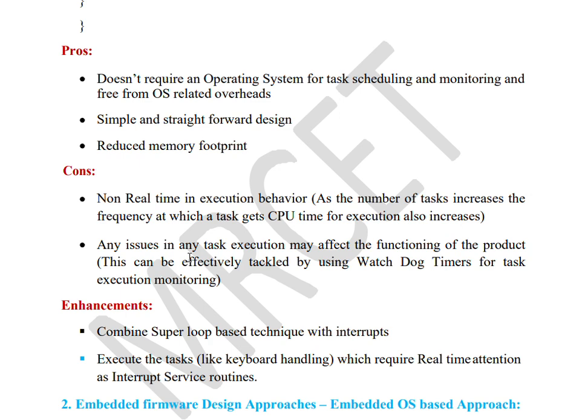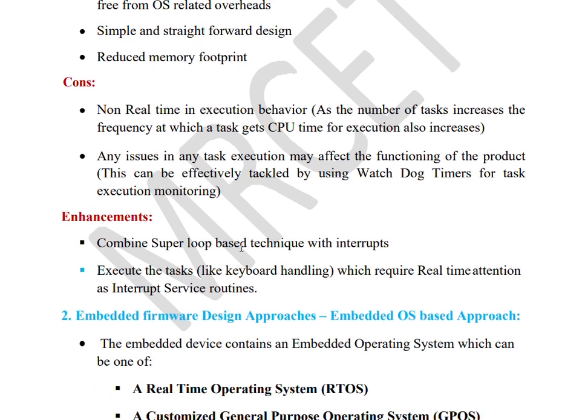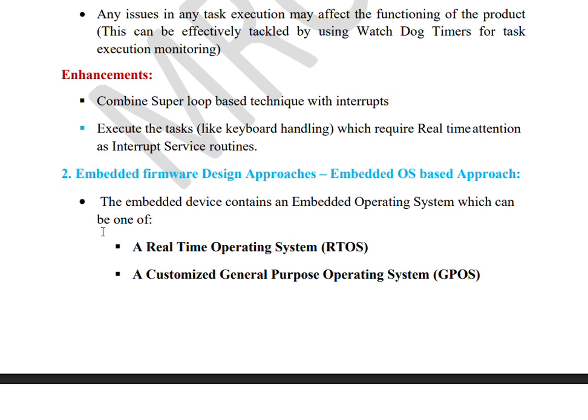Whereas the cons would be non-real time execution behavior, and any issues in the task execution may affect the functioning of the product. The enhancement would be to combine super loop based techniques with interrupts, so that when interrupts occur it will stop the execution, and then a priority will be given based on the interrupts and execute the tasks which require real-time attention.